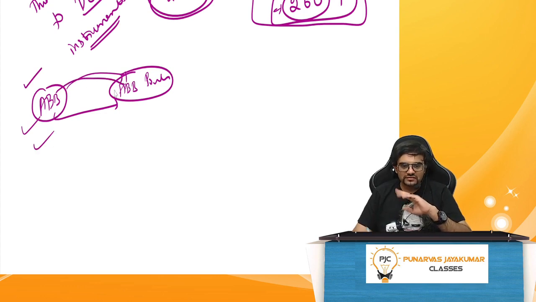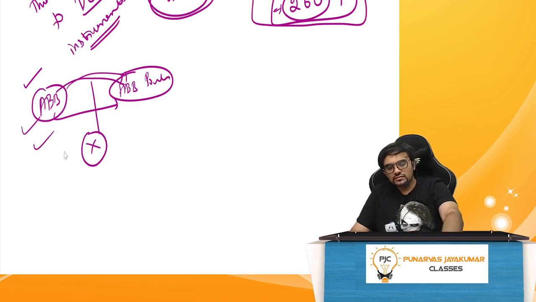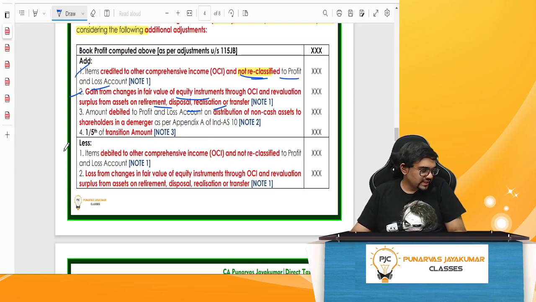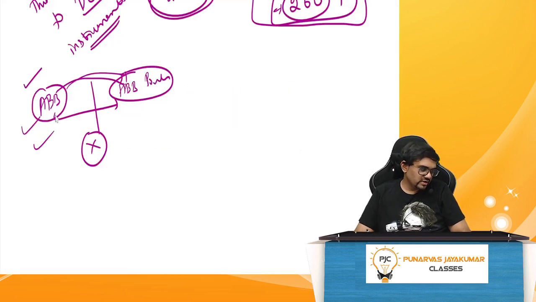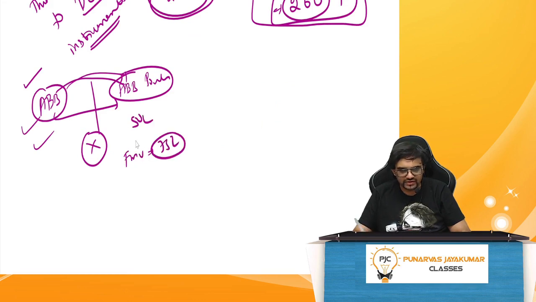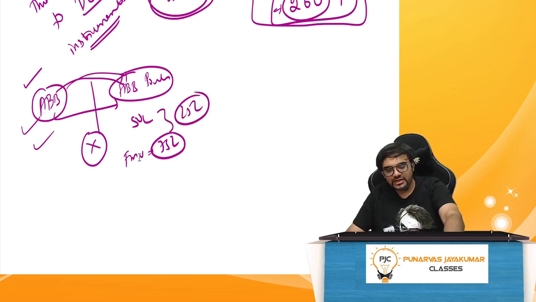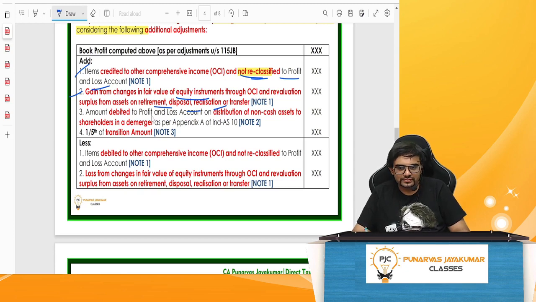So this transfer is not a transfer as we had seen, so it is generally exempt. If I have transferred assets worth 50 lakh, but the fair market value is coming up to 75 lakh, that extra 25 lakh will be exempt. But here, my dear friends, I need to add it: the amount debited to P&L account on distribution of non-cash assets to shareholders in a demerger as per Appendix A. That I have to add.